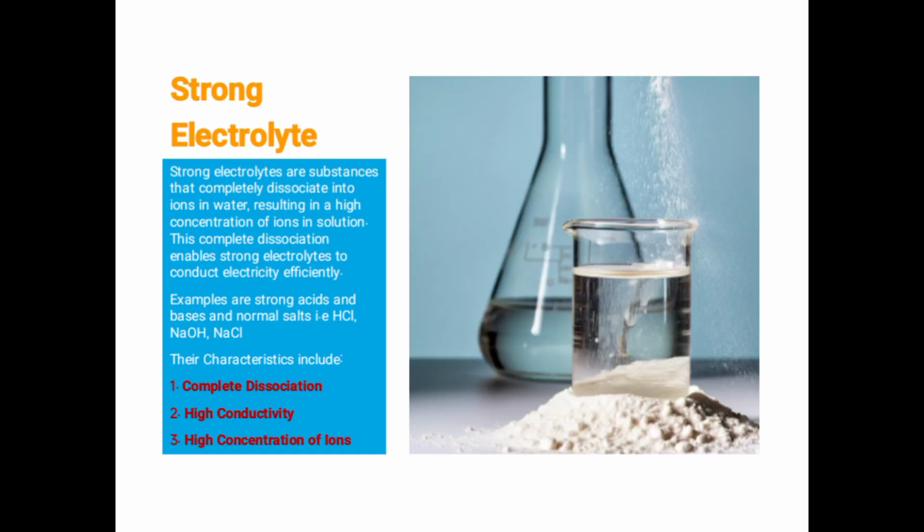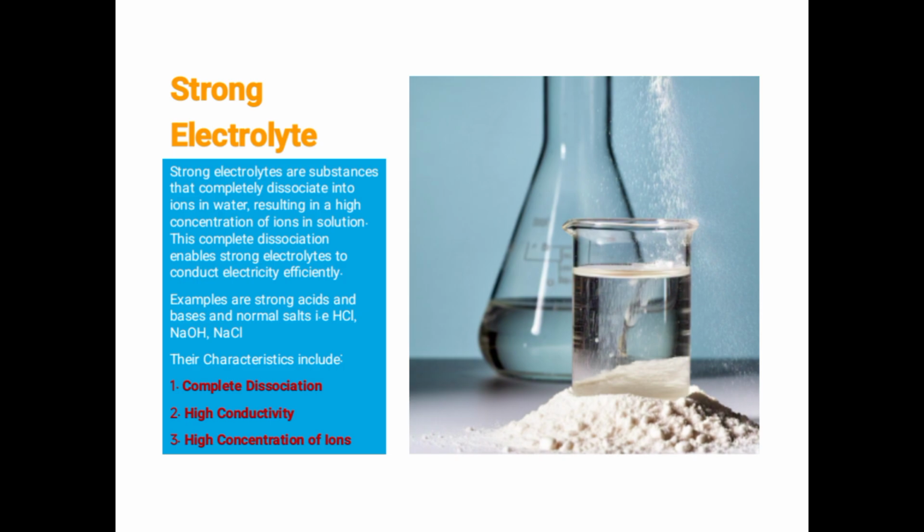What are strong electrolytes? Now we can classify electrolytes as strong and weak based on their ability to dissociate in solution. Some of these will dissociate completely, while some of them will dissociate partially. A strong electrolyte, therefore, is a substance that can dissociate completely in solution.